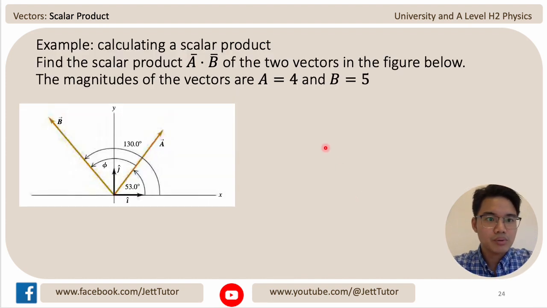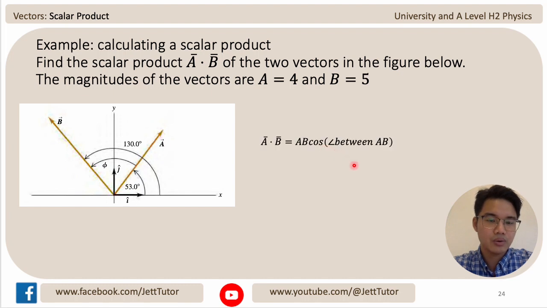Example, calculating a scalar product. Find the scalar product A dot B of the two vectors in the figure below. The magnitudes of the vectors are A equal 4 and B equal 5.